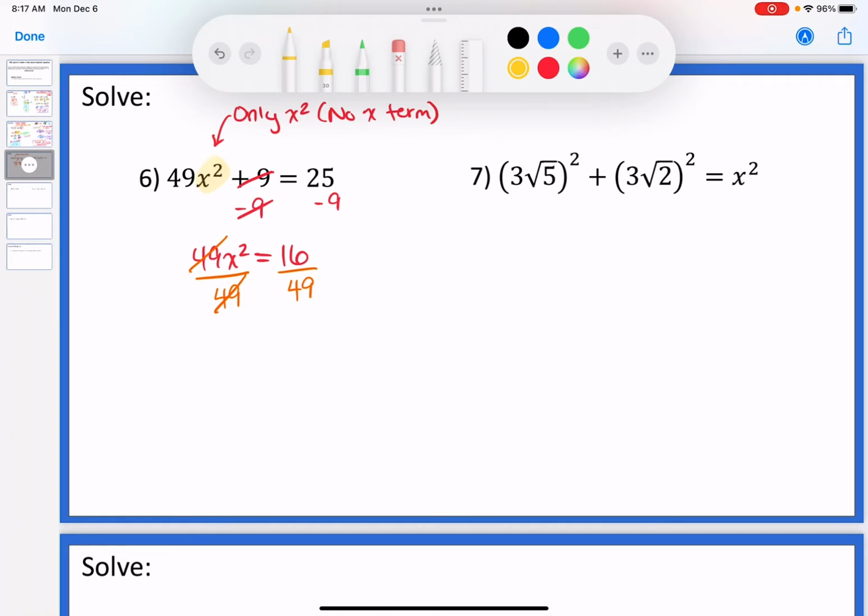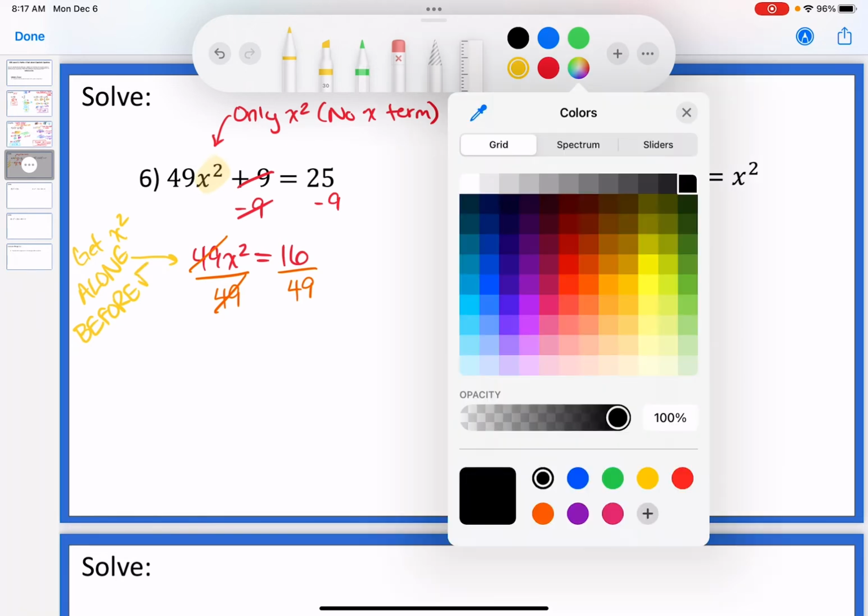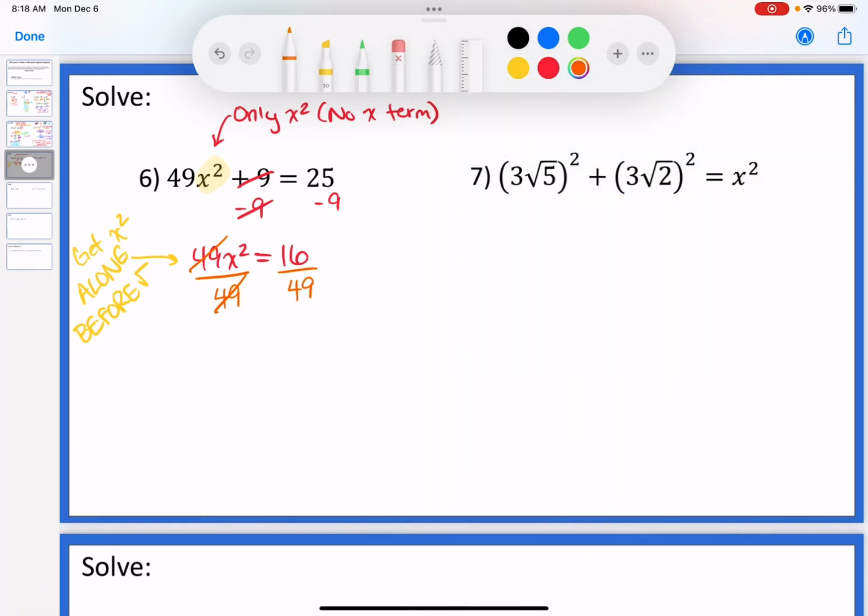So really maybe make a note here: get x squared alone before square root, okay? All right, so if I divide both sides, ooh, now 16 divided by 49, I can't, that doesn't divide, right? That's okay, fractions are fine, remember?